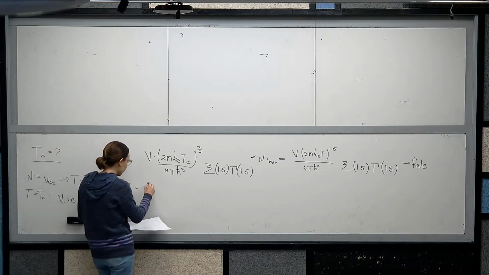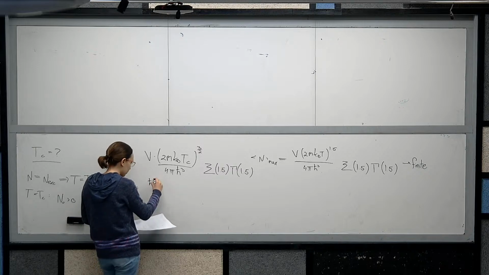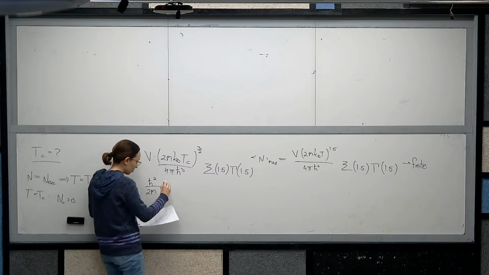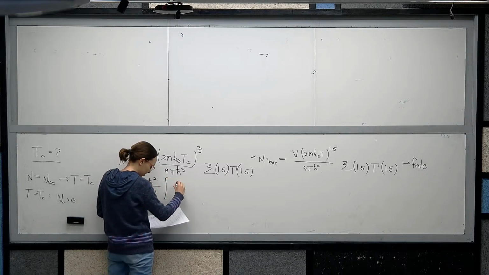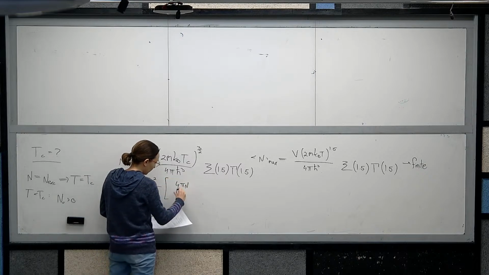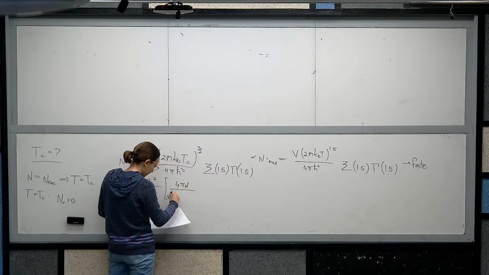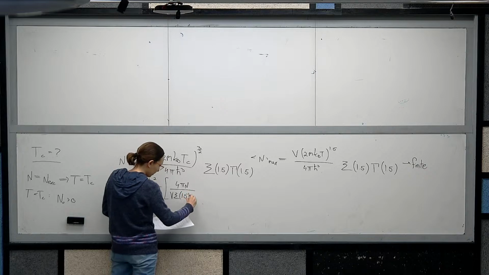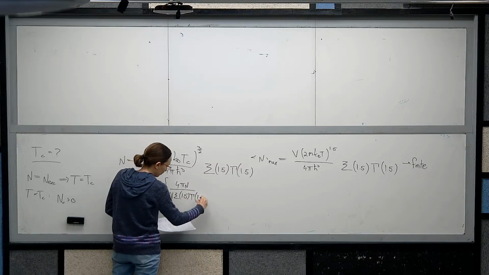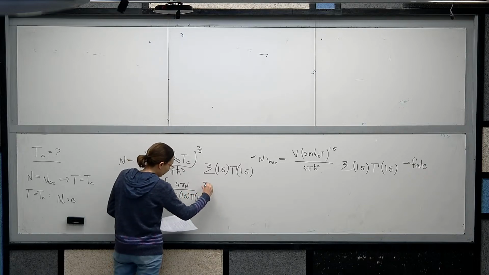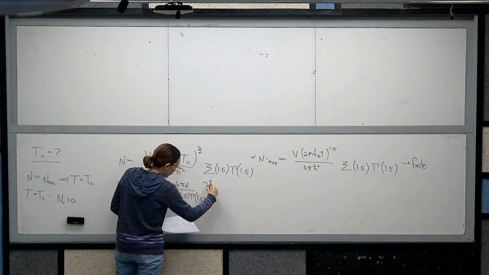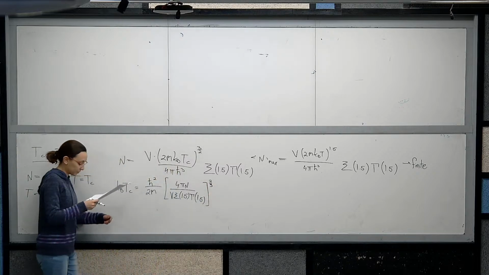So we get that the critical temperature is h bar squared divided by 2m, times 4 pi N divided by V zeta function 1.5, gamma function 1.5, all in the power of 2/3.